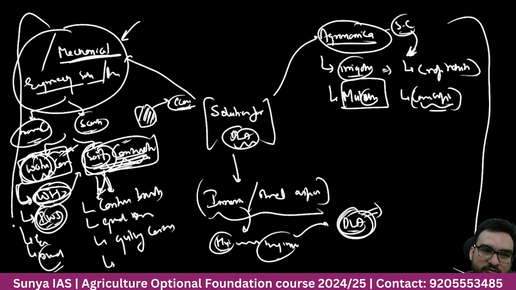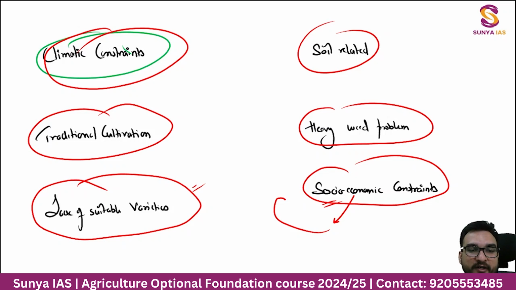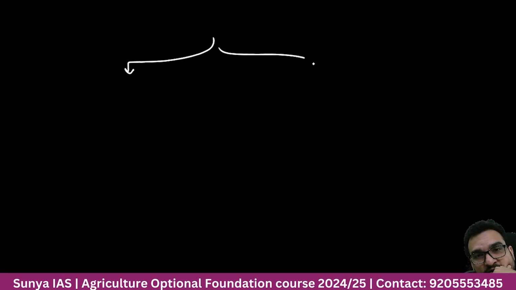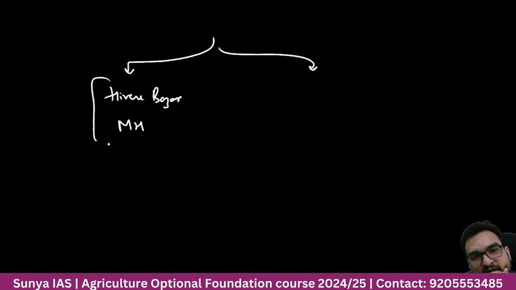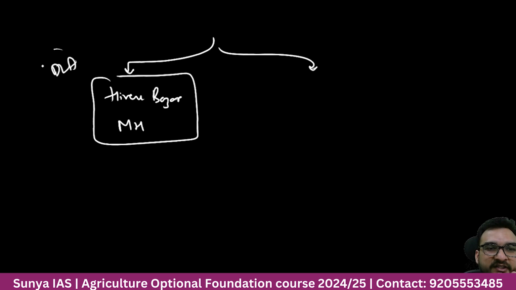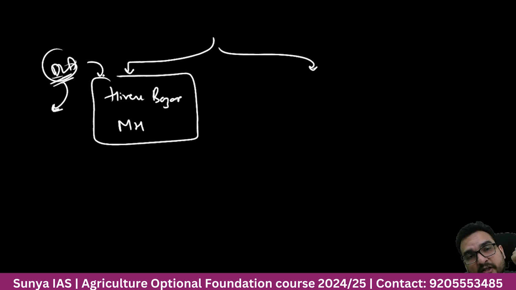Also now, the important thing which you have to understand is the case studies which you have to write and which will set you apart guys. Two case studies which you have to see, this is your homework. Hivre Bazaar case study of Maharashtra, where dryland agriculture was being practiced.